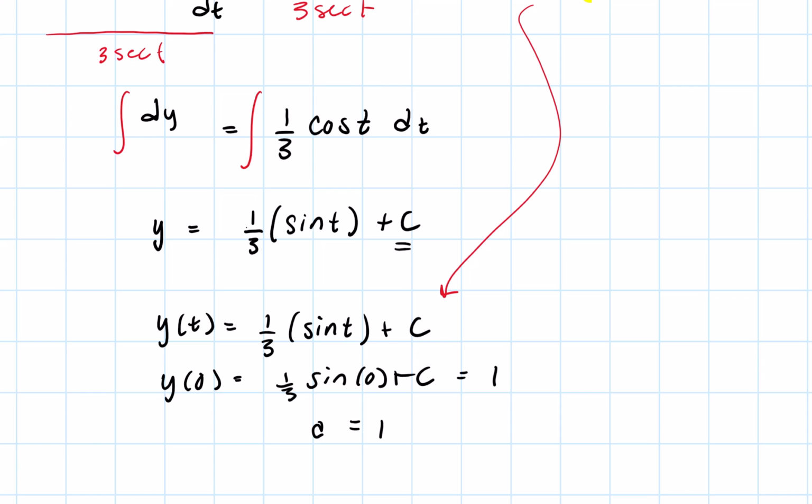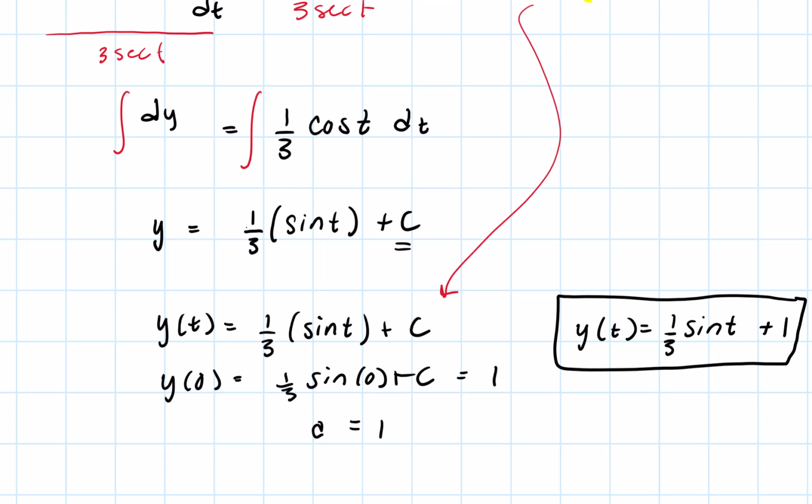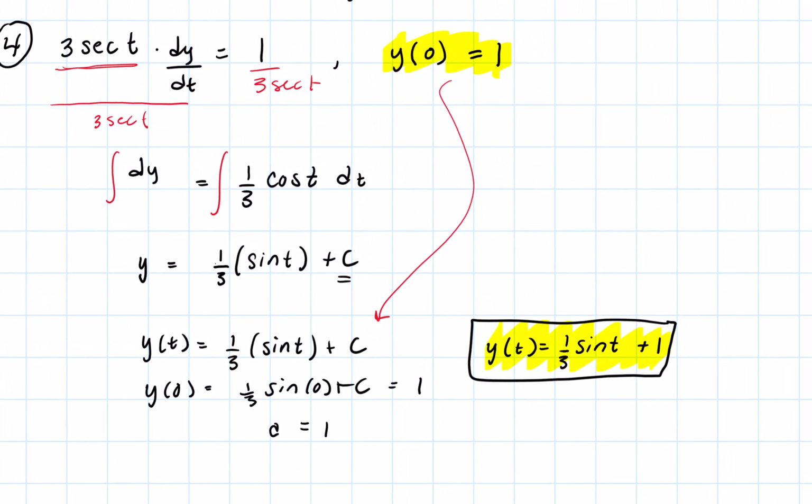So c is equal to 1, and my explicit function that would satisfy this differential equation is y of t equals 1/3 sine of t plus 1, the constant we just found. So we're able to solve that initial value problem. It was a separable differential equation. We separated the variables and then we integrated both sides and used the initial data to find that constant. So that's our answer for that one.